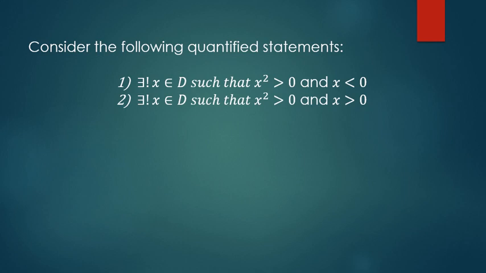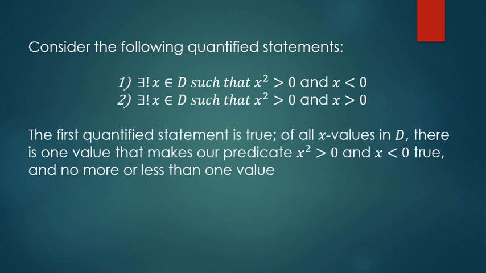First one, if you think about the numbers that we have inside of our domain, the first one is indeed true. Of all of the 6 x values that were in our set D, there's only one value that makes our entire predicate true. Our predicate in this case has 2 pieces to it.